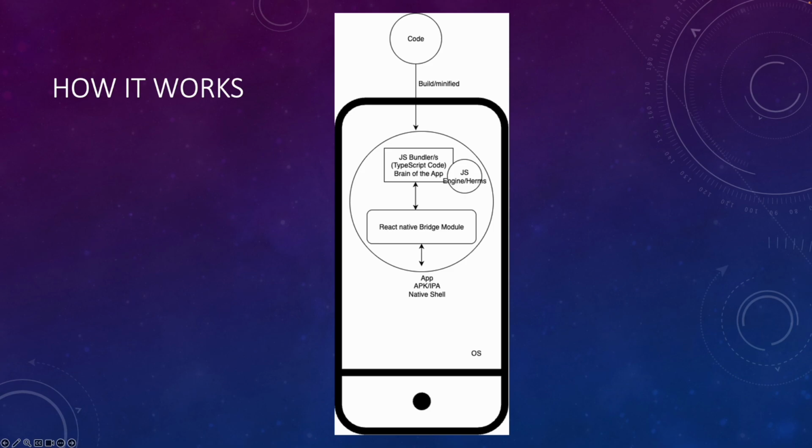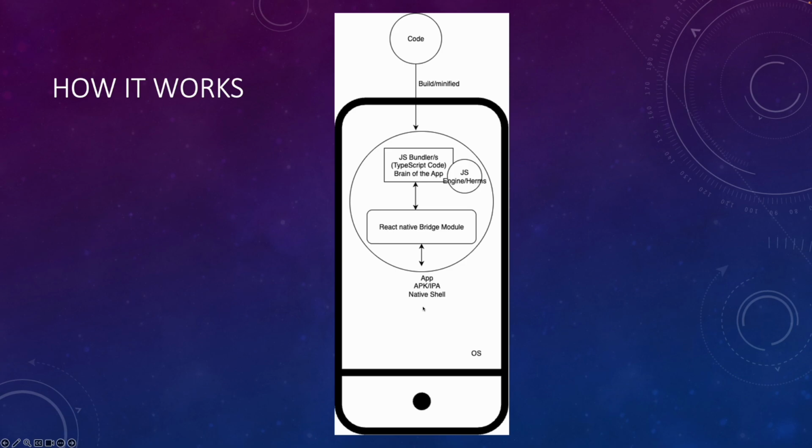So let me explain a little bit of how this communication happens. Basically, when your bundled logic is executed, it passes instructions to the native bridge module. The native bridge module communicates with the native operating system via the shell.